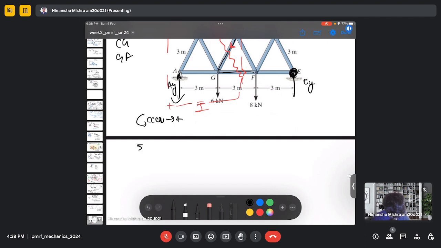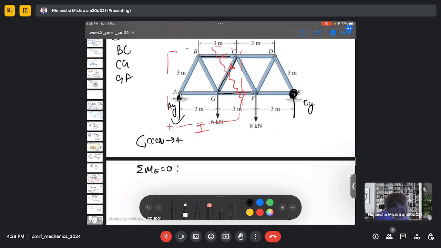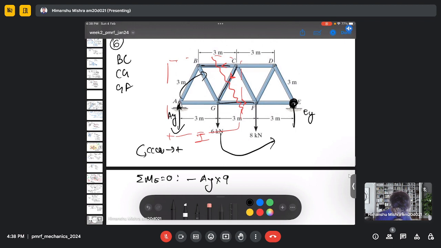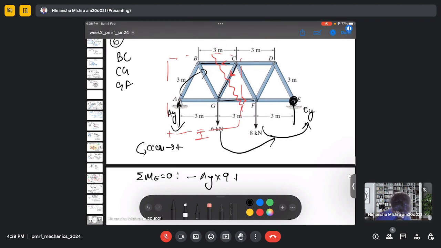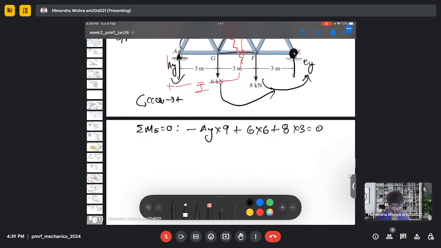So if I take moment at point E, I will get, this is clockwise moment, so minus AY multiplied by 9. This is counterclockwise around E, so it is plus 6 multiplied by 6, plus 8 multiplied by 3, equal to 0.